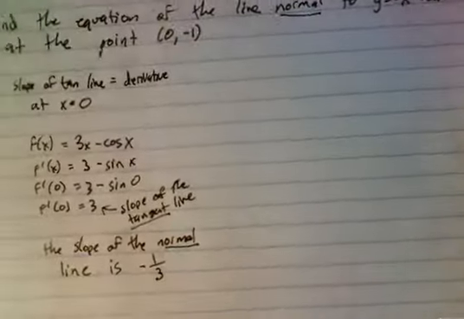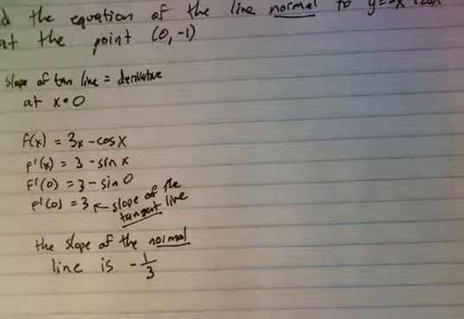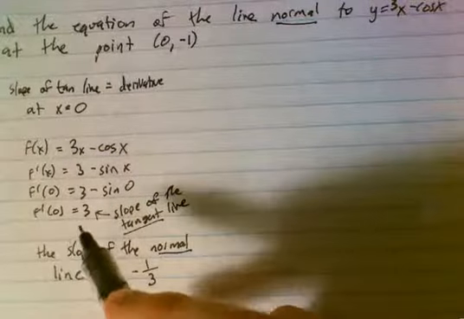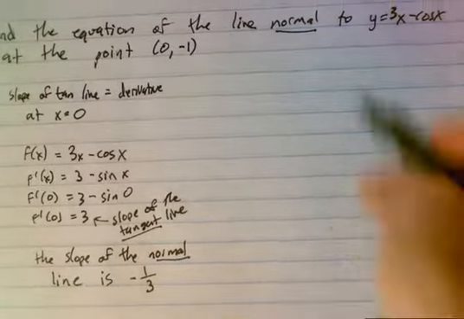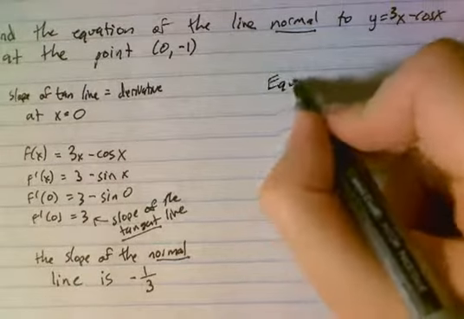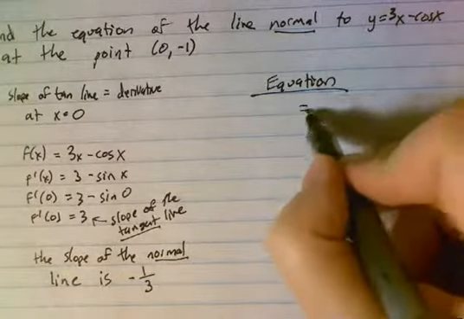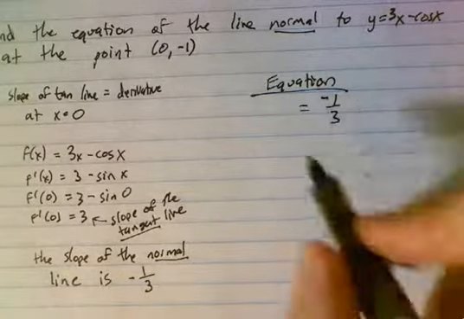In these examples that I have for you today, I think pretty much all of the slopes of the normal lines are negative. They don't have to be, it's just the opposite of whatever we got up here. So what we're going to do then to find the equation is exactly what we just did. We're going to use this as our slope, -1/3 is our m.